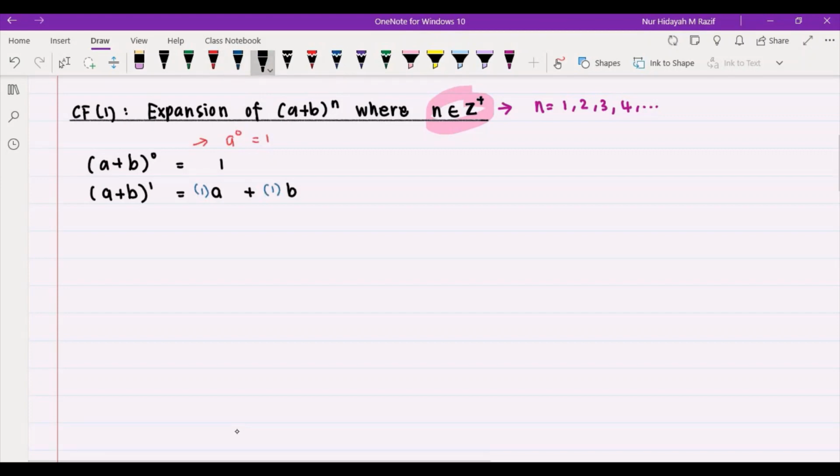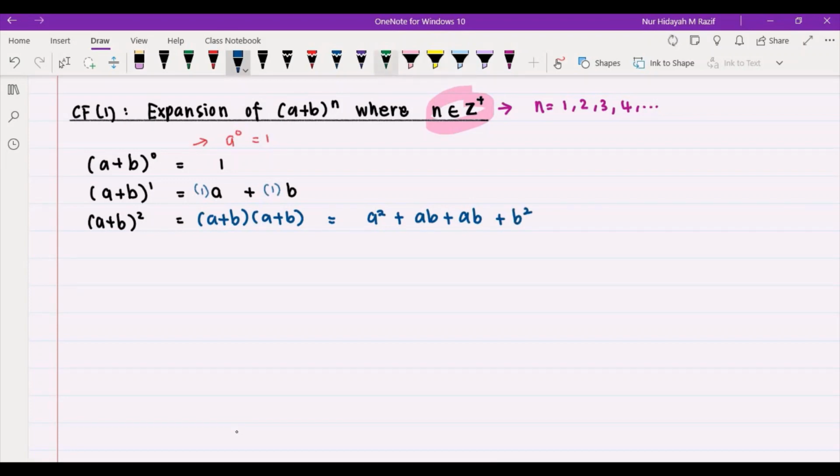Now, what if I give you (a + b) squared? For this one, you have learned in school that we can rewrite this as (a + b) times (a + b). When you expand that, you get a squared plus ab, plus b times a which is also ab, plus b squared.